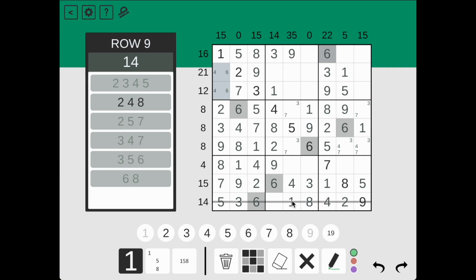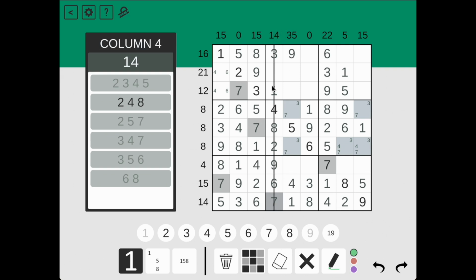Okay, in this row I have 1, 2, 3, 4, 5, 6. I don't have a 7, so the 7 goes right there. In this column I have 1, 2, 3, 4. I don't have a 5. 6, 7, 8, 9.